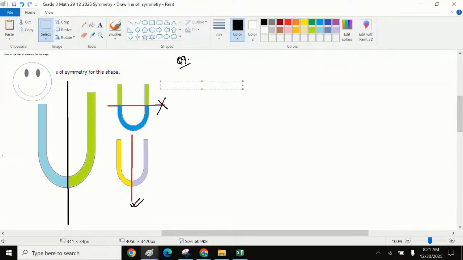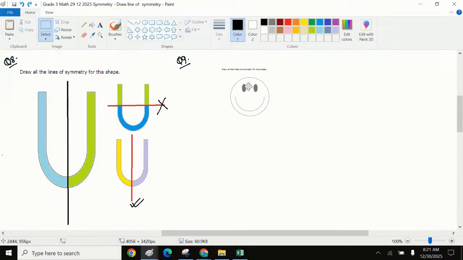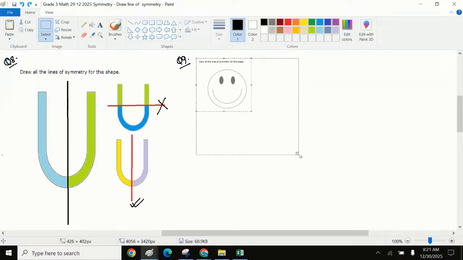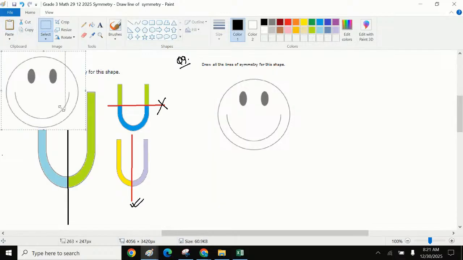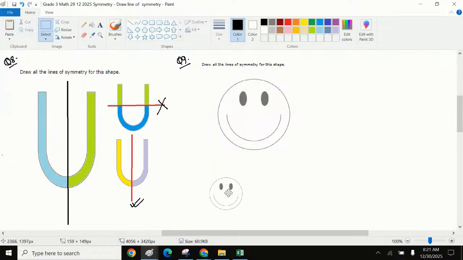If this question was given to us with this particular smiley face on it, let's see if this picture would have a line of reflection or a line of symmetry. We'll make 2 or 3 copies so that we can see the horizontal, vertical, and the slant line.